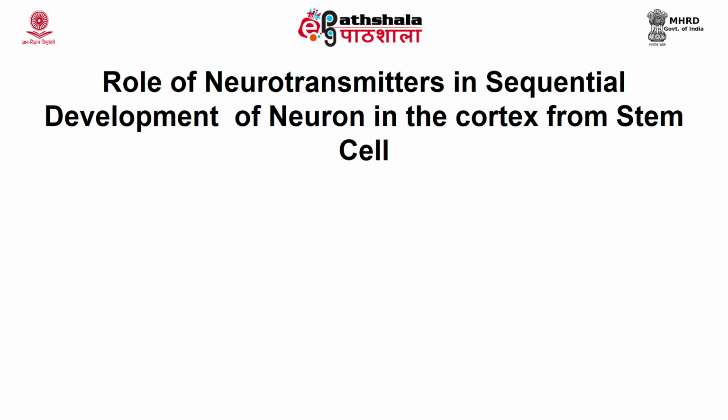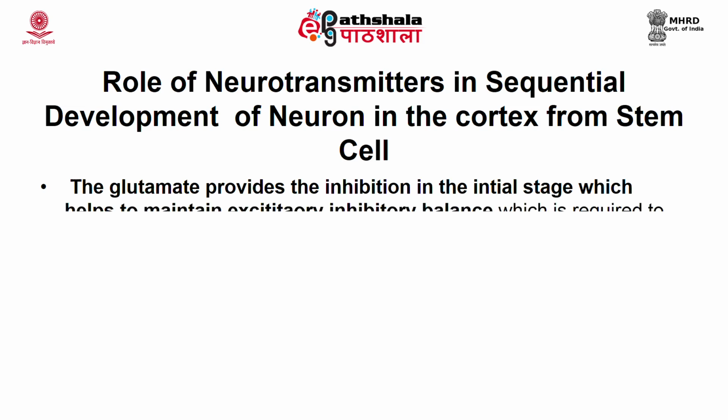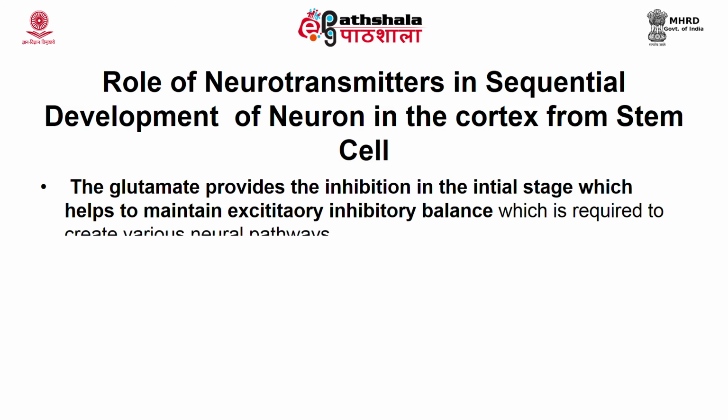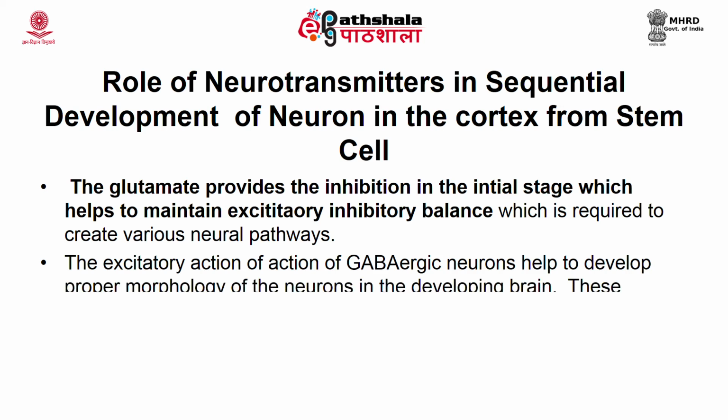In the initial stages, it is the glutamate which provides the inhibition, and this helps to maintain the excitatory-inhibitory balance which is required to create various neural pathways. The excitatory action of the GABAergic neurons helps to develop proper morphology of neurons in the developing brain.